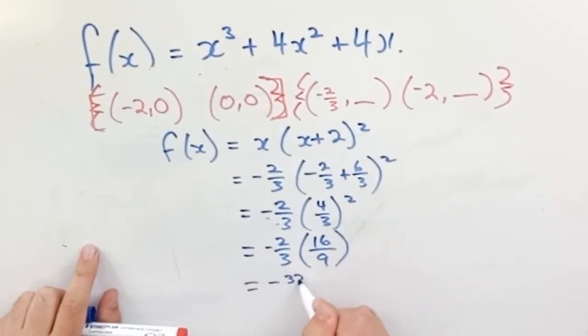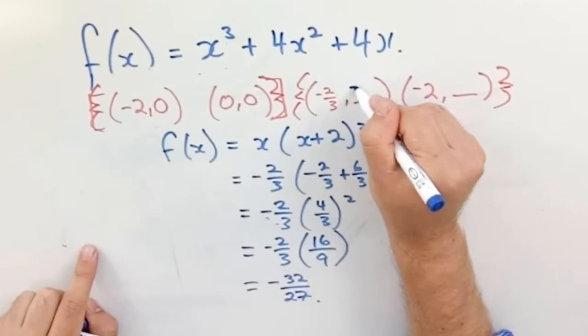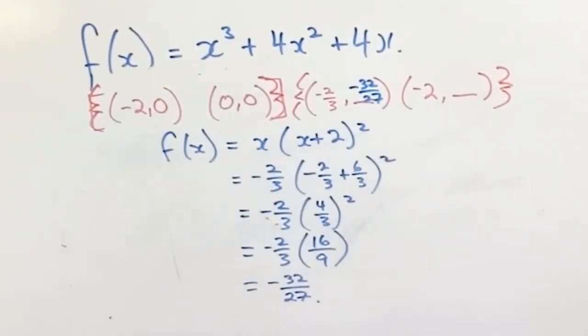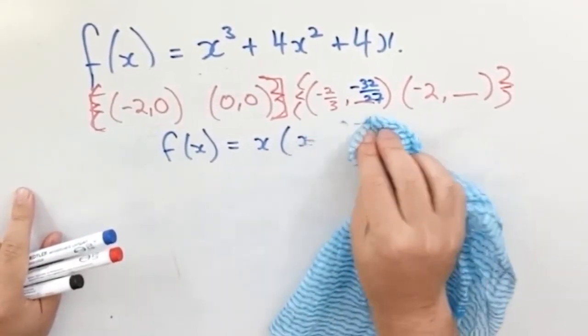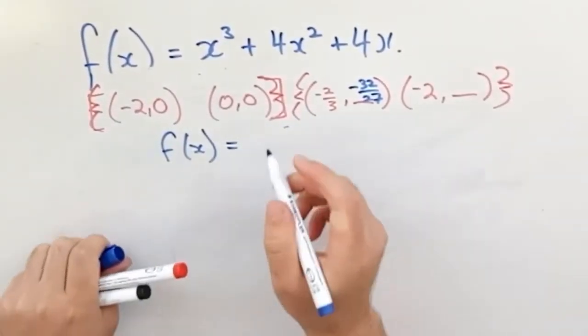I've got negative 32 on 27, which is not the answer I got last time either, but I think that might have a better chance of being right. Let's go with it for now. Negative 32 on 27. All right. Someone else can check it for me later. You're probably screaming at me because of the mistakes I make, which is fine.